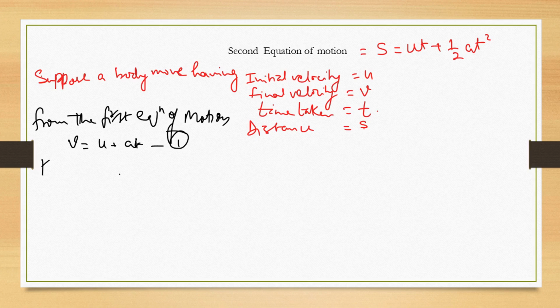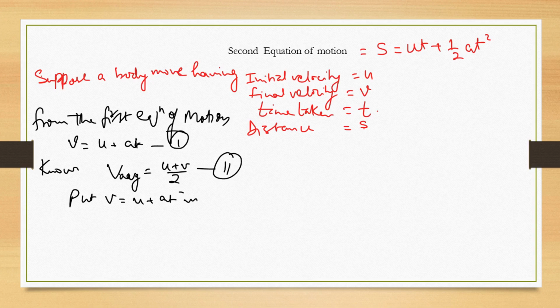Now we know that average velocity is equal to initial plus final velocity divided by 2. So put v is equal to u plus at in this, take it as equation 2.